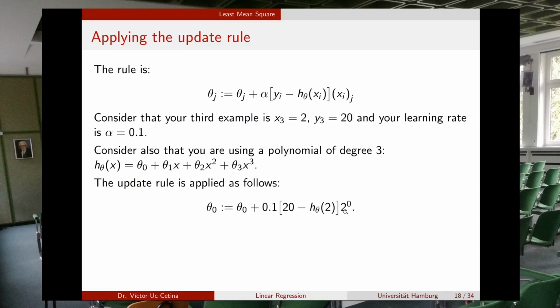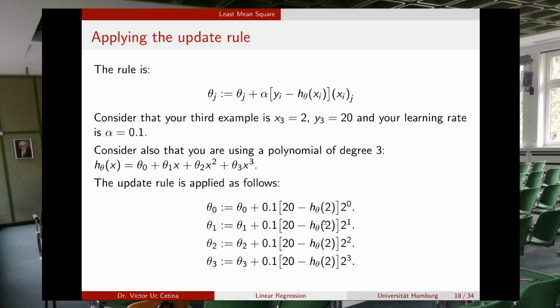So this is 2 to the power of 0, which is basically 1, and that is why here we don't write it, okay? But if you go to the other parameters, you can see clearly why this is 2 to the 0. So for example, to update theta 1, here we have theta 1. The last factor will be x to the power of 1, which is 2 to the power of 1, which is simply 2.